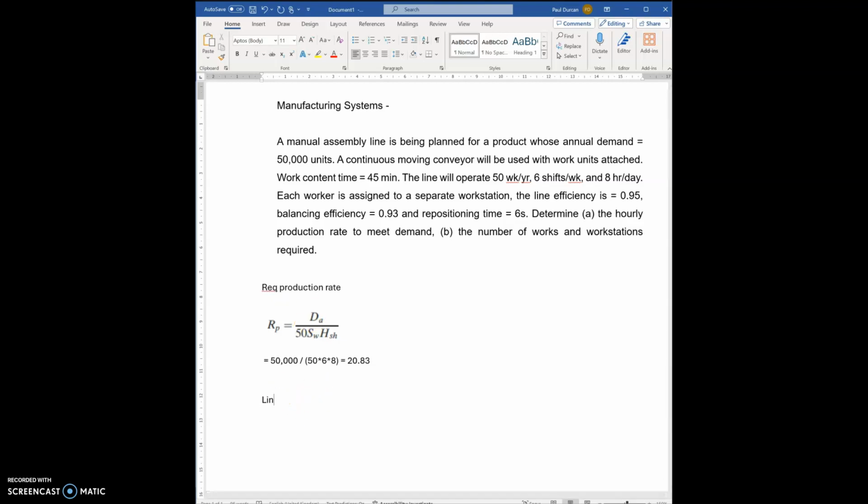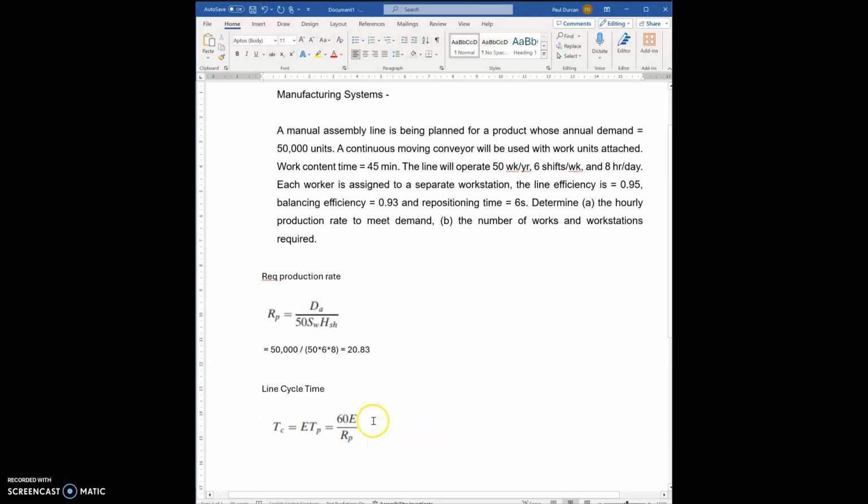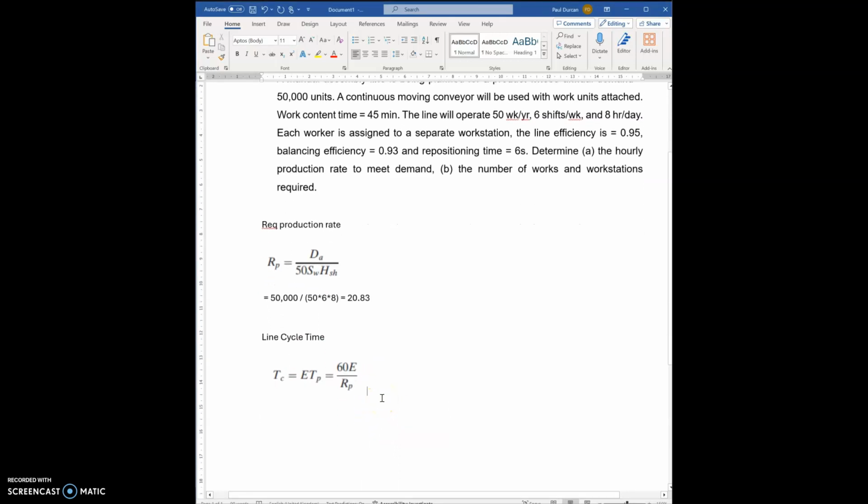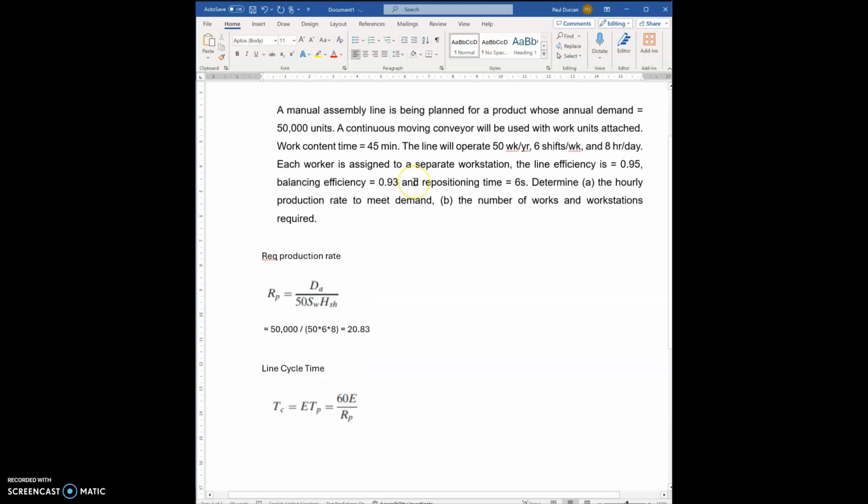Then we move on to our line cycle time, and it has the formula again, which you see on the formula sheet. So the line cycle time is TC. We have some efficiencies here, so we have to look at our line efficiencies. The line efficiency is 0.95, and the balance efficiency is 0.93.